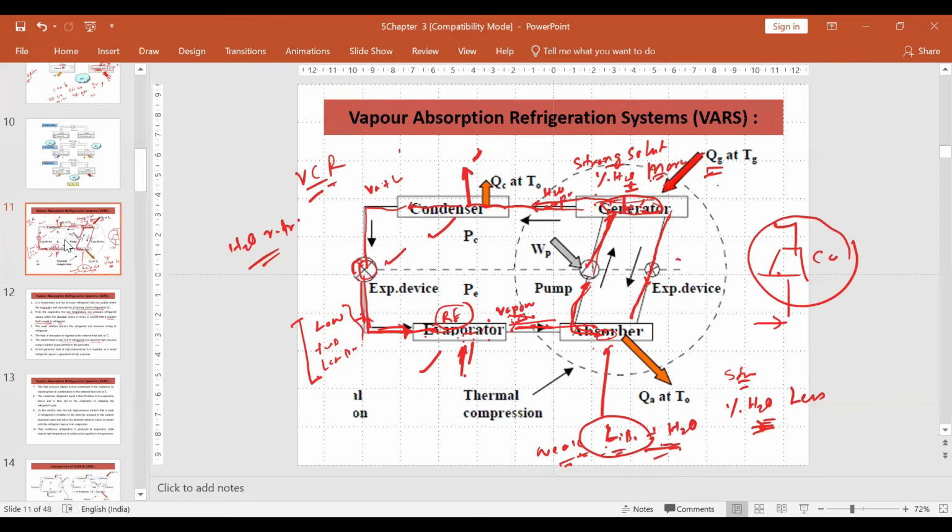This is a high pressure. This is a low pressure. If it passes to the expansion valve, what happens? This high pressure weak solution is expanded. It becomes a low pressure, up to the evaporator pressure. Now it enters the absorber. In the absorber, it is a weak solution now. So this is the cycle.